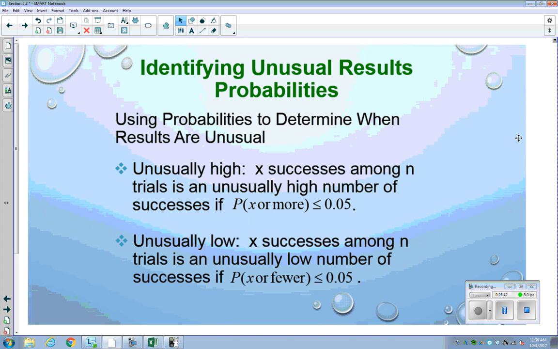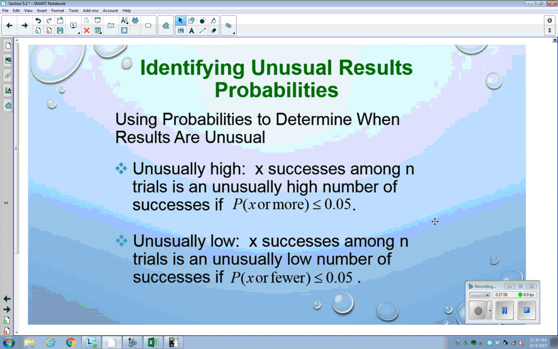Well, we put a rule on it where the probability is less than or equal to 0.05, usually high or usually low, that probability is lower than 0.05, which is 5%, right? 5% each way. And I'll go back to say that again.